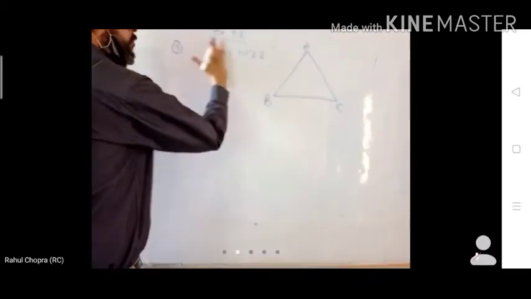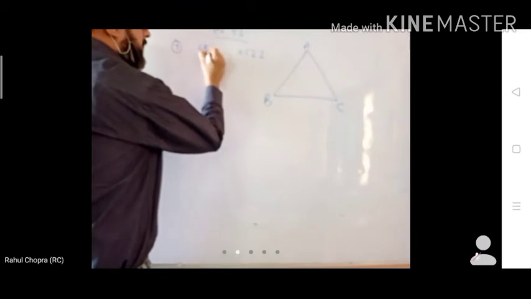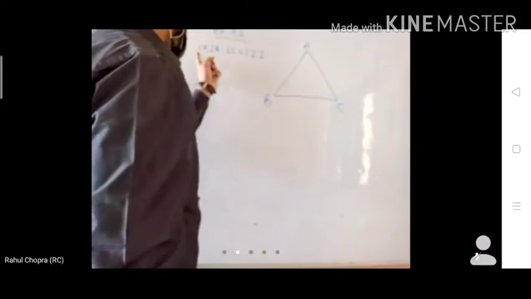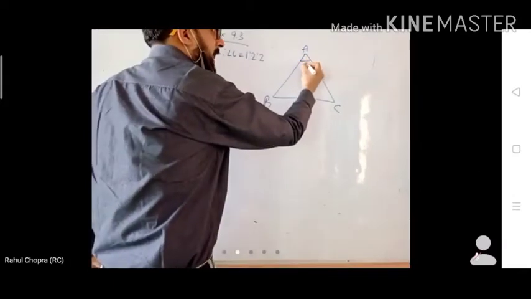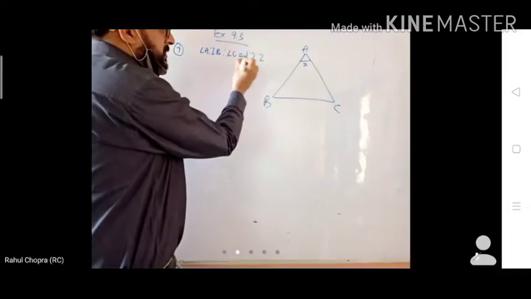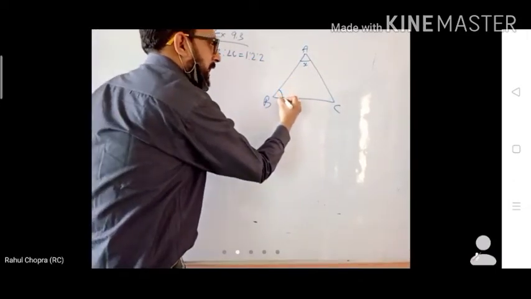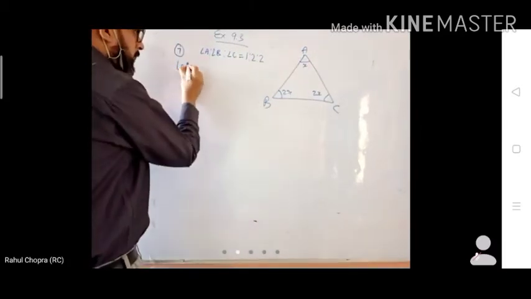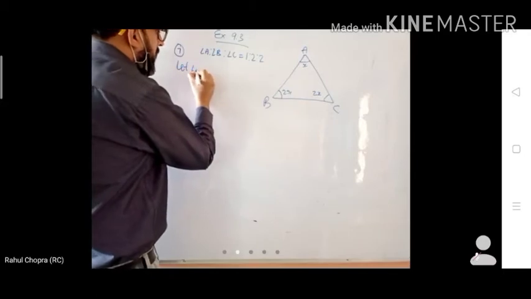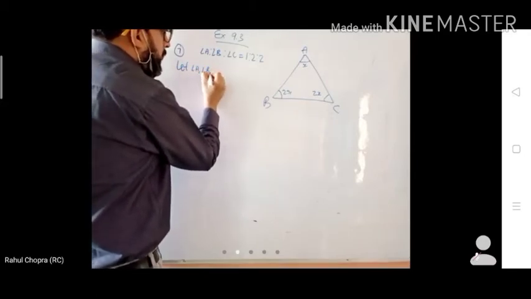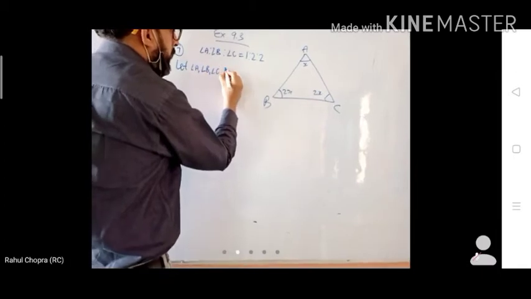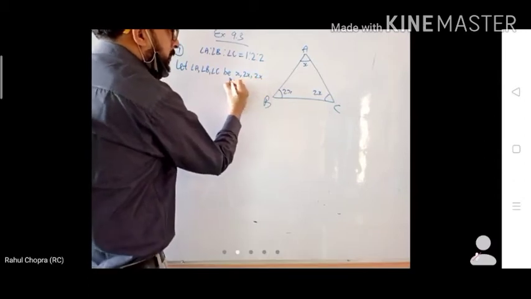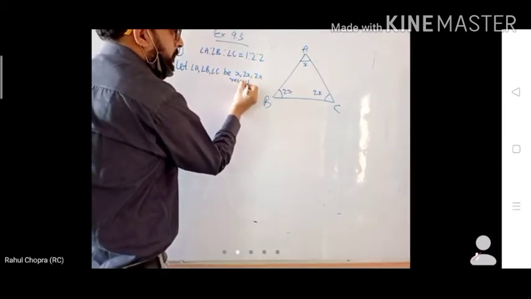In place of 1, 2, 3, you may write angle A, angle B, angle C. Angle A is 1, so we'll take 1x. Angle B and C ratio 2, 2. It means we'll take angle B 2x and angle C 2x. Again we have to suppose, let angle A, angle B, angle C be x, 2x and 2x respectively.